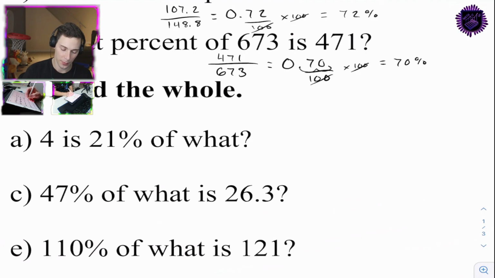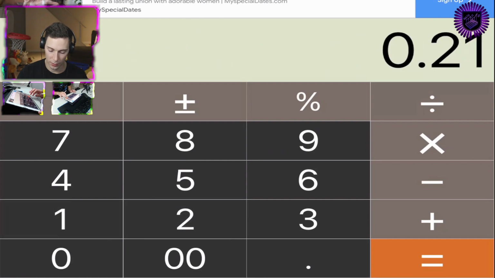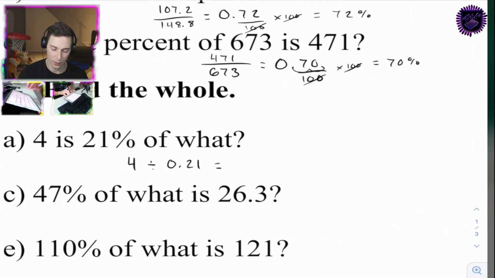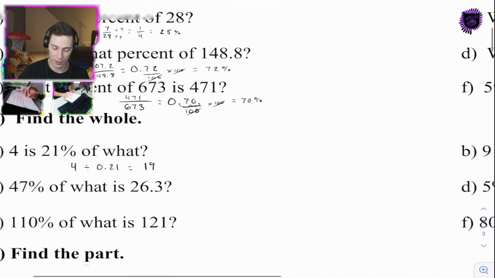So it will be part, which is 4, divided by 0.21, which is the decimal form of percent. 4 divided by 0.21 equals 19.04. We can round that to 19. Our whole is 19. 4 is 21% of 19.